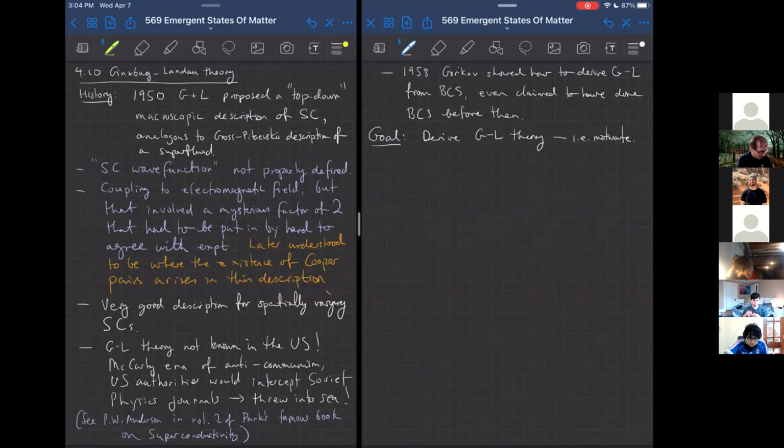So let's start off then with a uniform system. And we're not going to say what the wave function that we're going to write down really means. Later we can talk a little bit about that, and you'll understand where it comes from as a matrix element, just as we did in superfluids. But for now, we're going to pretend that we don't have any of that.